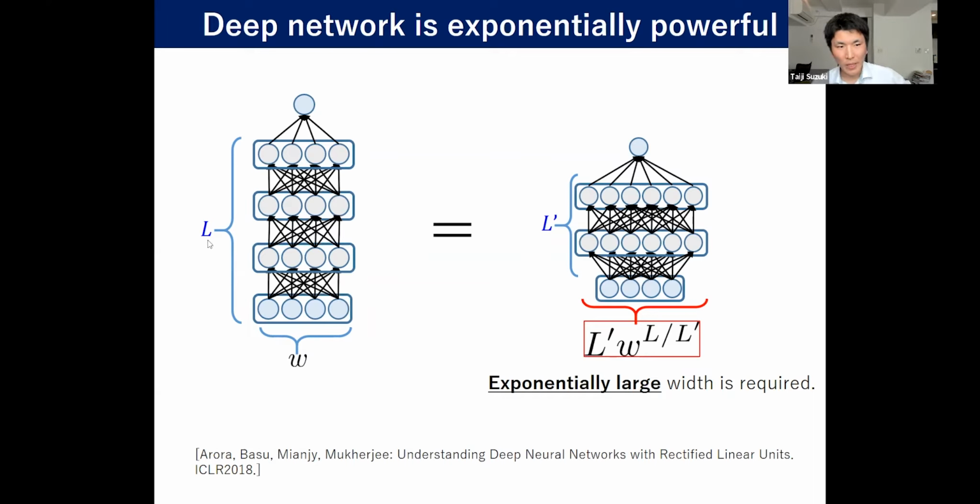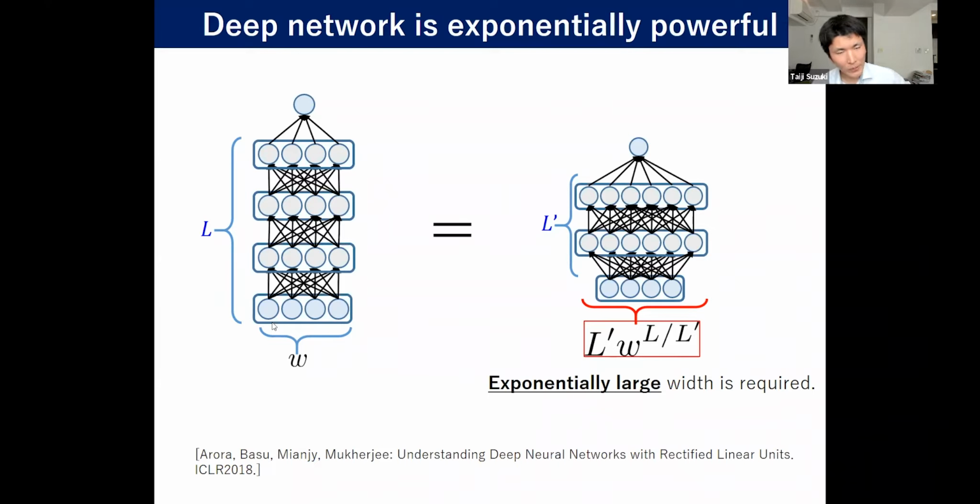For example, if L is 20 and L prime is 2, then L divided by L prime is just 10. This means that there appears W to the power of 10, which could be huge.